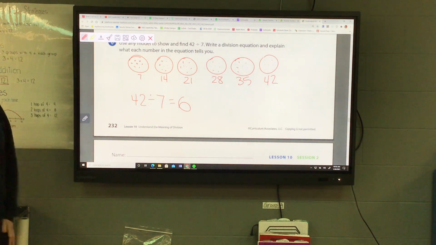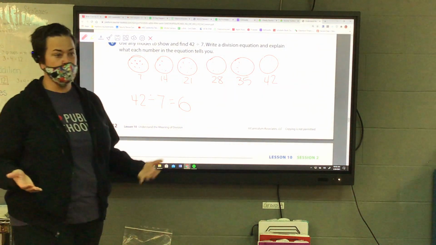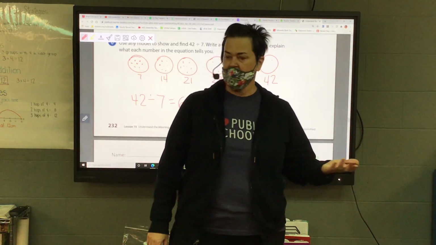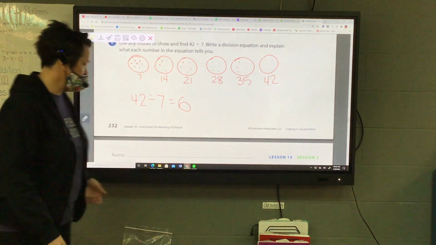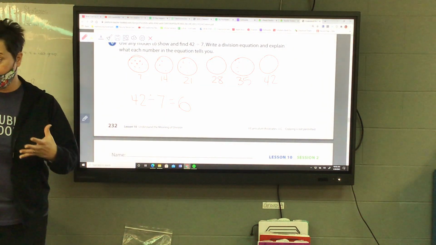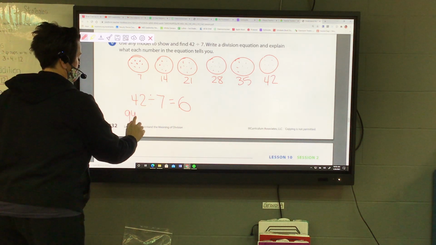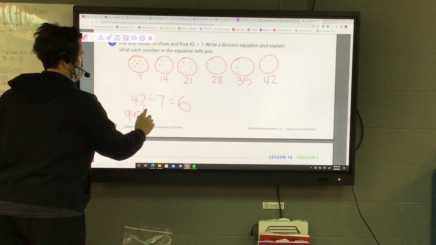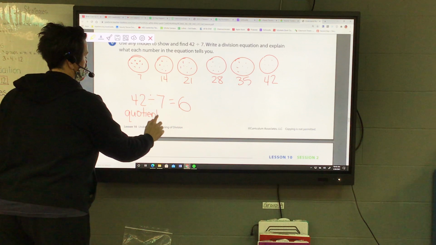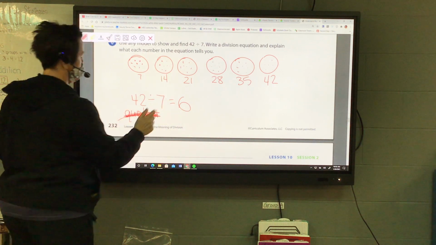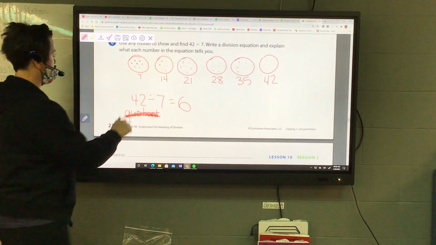In multiplication we talked about factors and the product. Division is different. The big number that we start with is called the quotient. Sorry, that's the answer. I got ahead of myself. I was thinking backwards.